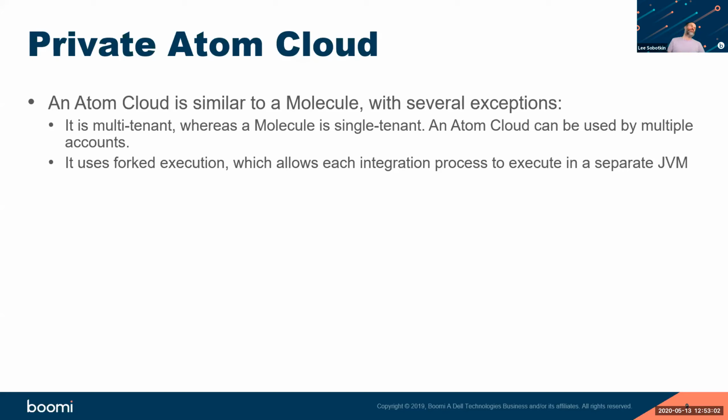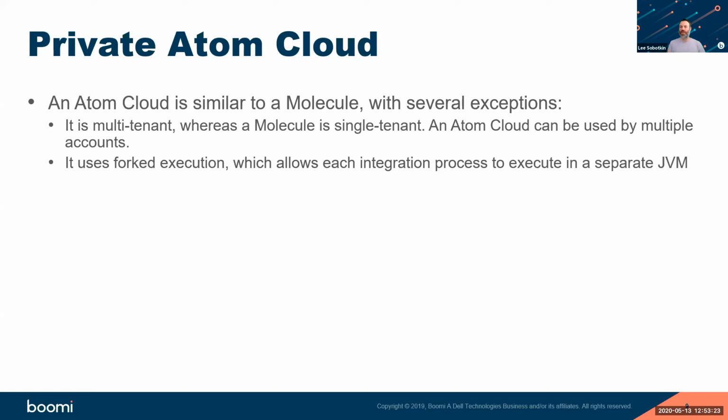The other thing that's very important here as well from an infrastructure point of view, if you haven't seen this before, there's a forked execution concept with an Atom cloud that basically allows you to almost containerize every execution.